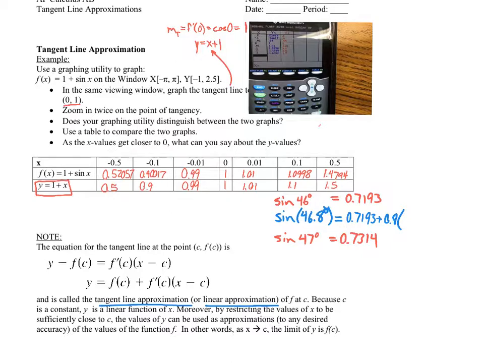If I subtracted those two, I'd get 0.0121. And if I work that out, 0.0121 times 0.8 is 0.00968.